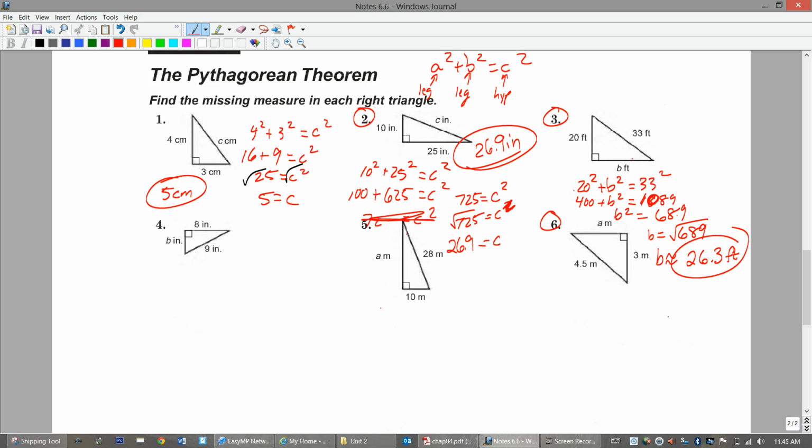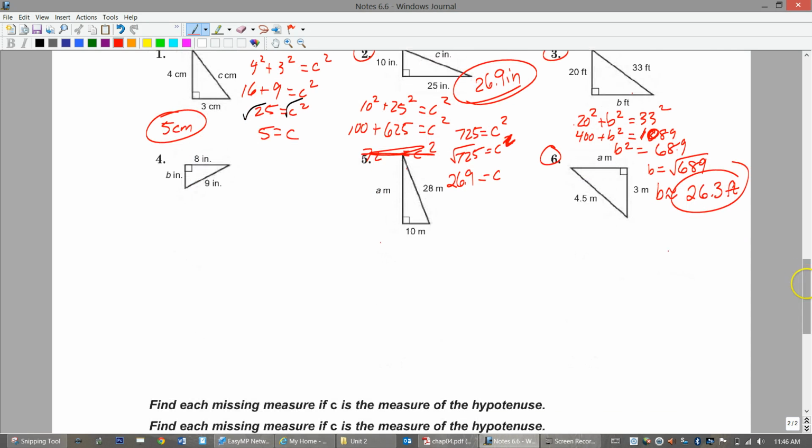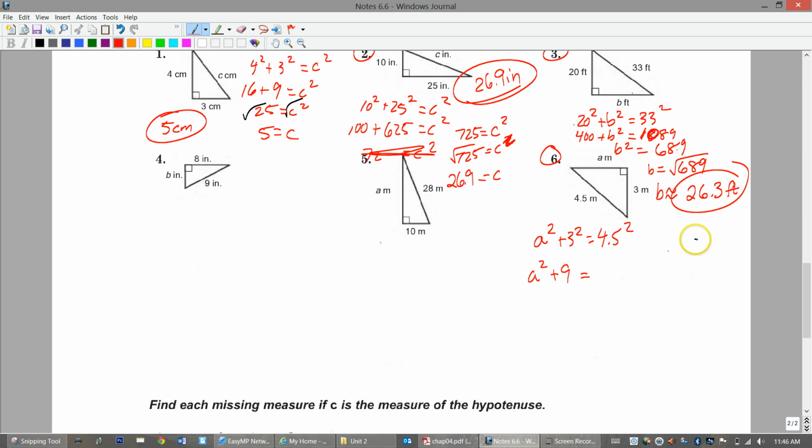Any questions so far? Okay, let's keep going then. So a squared plus 3 squared equals 4.5 squared. A squared plus 9 equals, what is 4.5 squared? 20.25, so a squared equals 11.25.